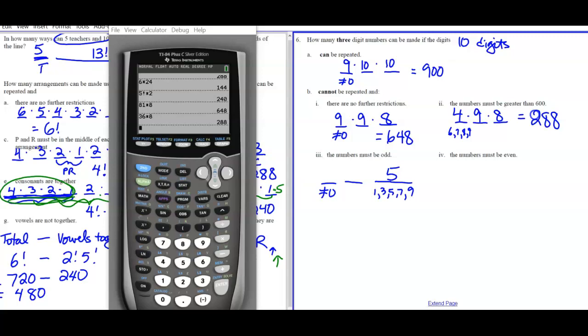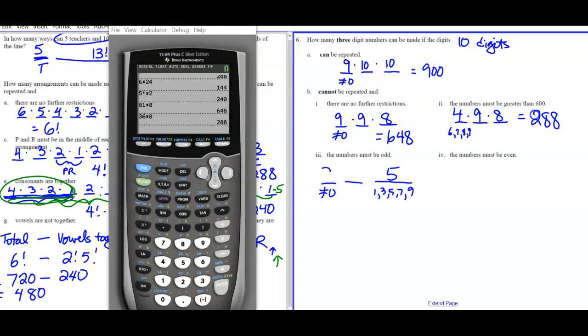Okay, you've used 1 up, and you can't start with a 0. So you've got 10 digits originally. You use 1 here, and you can't use a 0, and that's not even one of these, so it's not going to overlap.